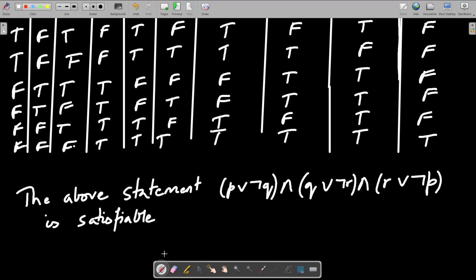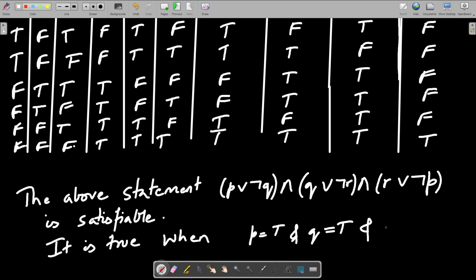It is satisfiable because it is true sometimes. More importantly, it becomes true when P is true and Q is true and R is true, or P is false and Q is false and R is false.